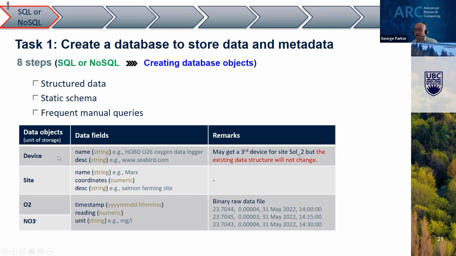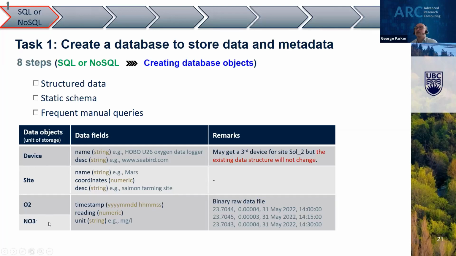The object device can be used to store device name and vendor information. Site name, site coordinates, and site description can go to the site object.